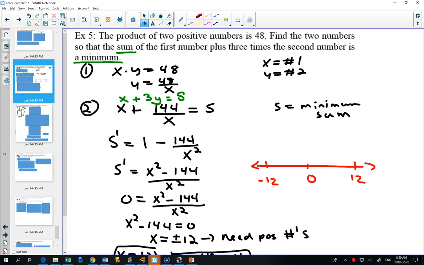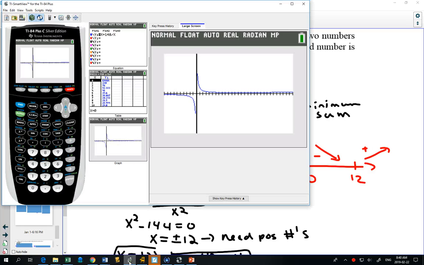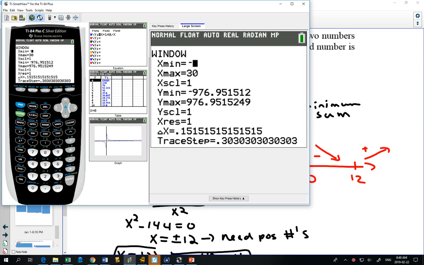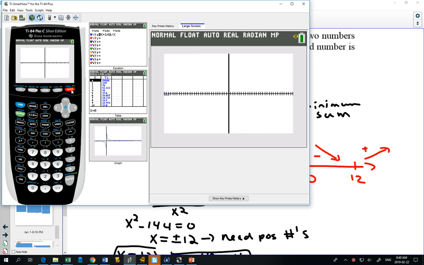And if you tried numbers less than negative 12 into your derivative, you would get positive, saying it's increasing, then decreasing, then decreasing, then increasing. Okay? Which matches up with the graph that we see here. I'm going to go window. I'm going to go for minus 30. So you can see the minus 12 on there as well.